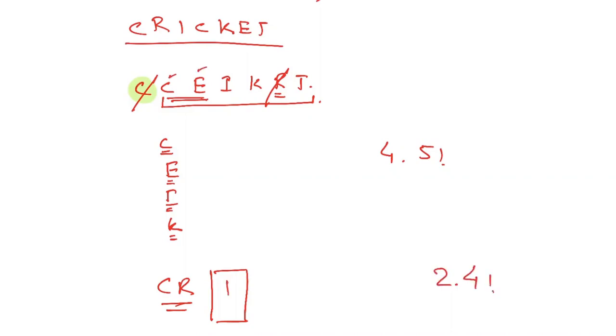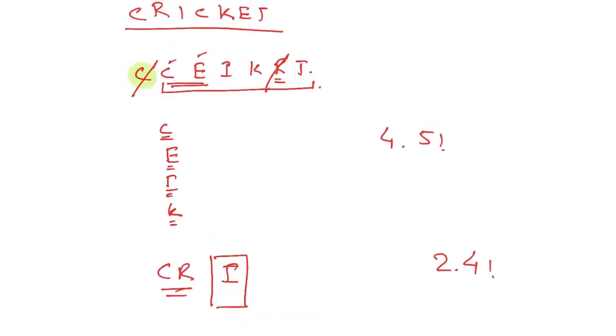Then the position of I is coming, so I'll be in the third place, right? CRI. Now, obviously, C is coming into this, right? So CRI and C. Done.